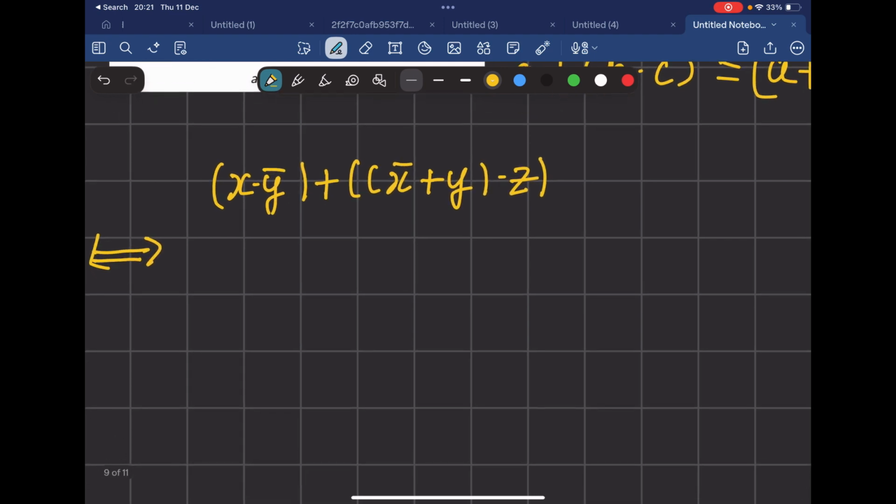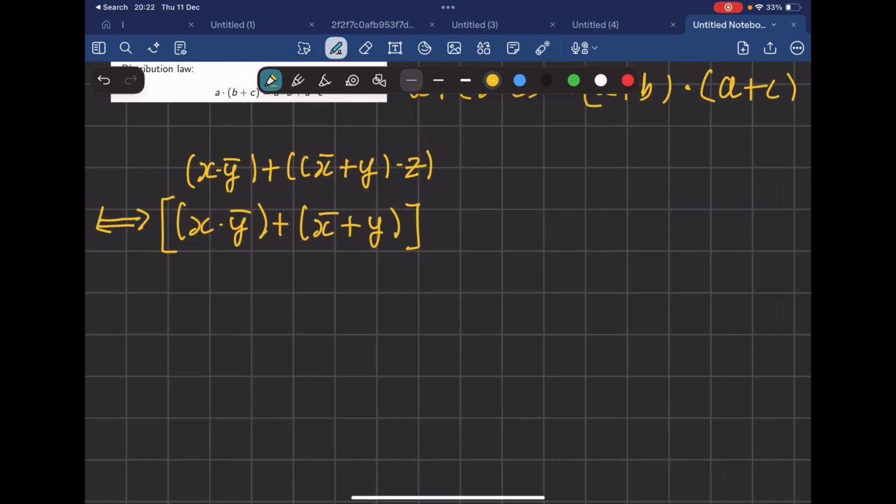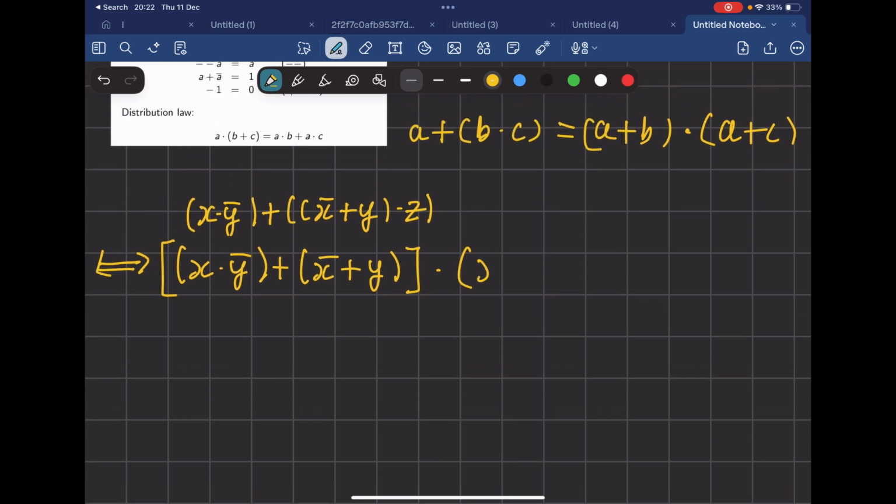That will give us x and not y plus this. So we probably need another set of brackets, like so. And then we have that ANDed with the other stuff, so x and not y plus z.